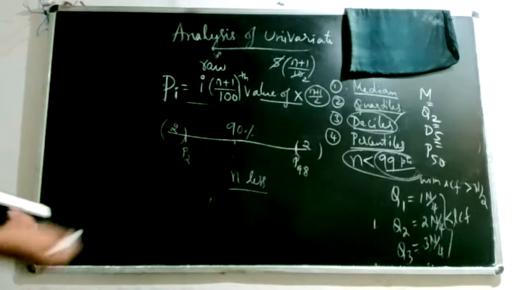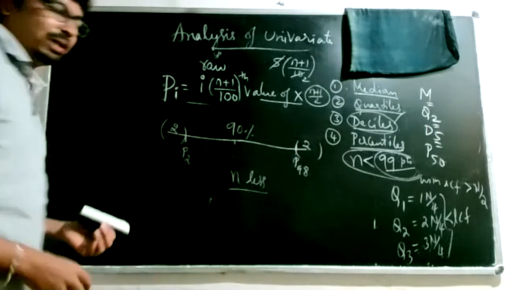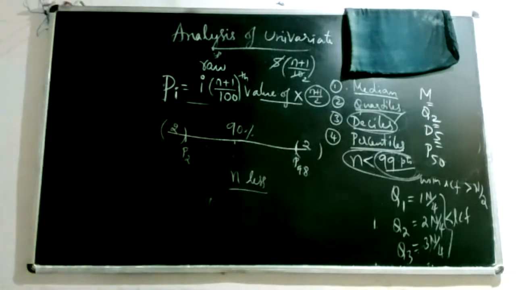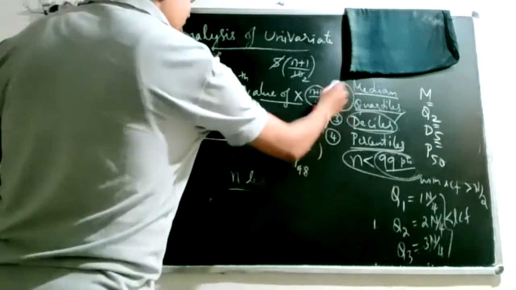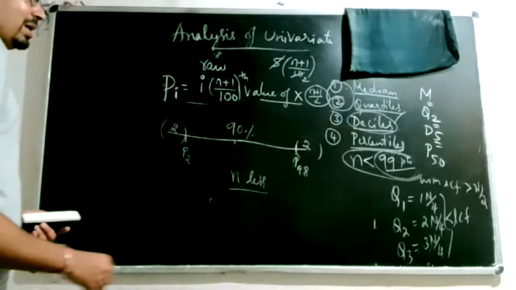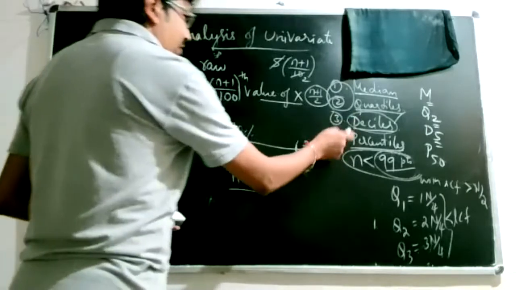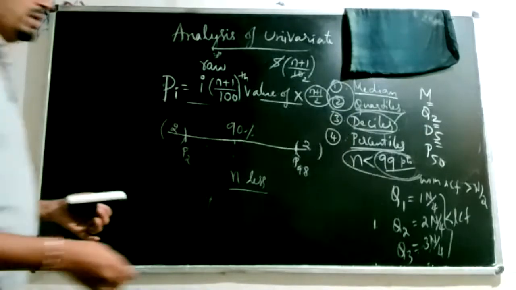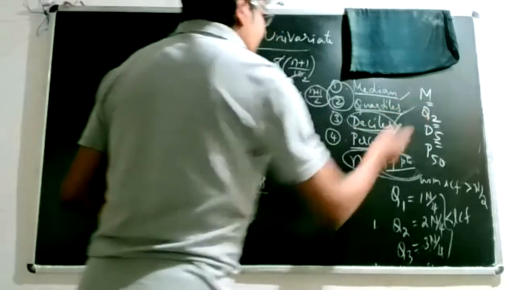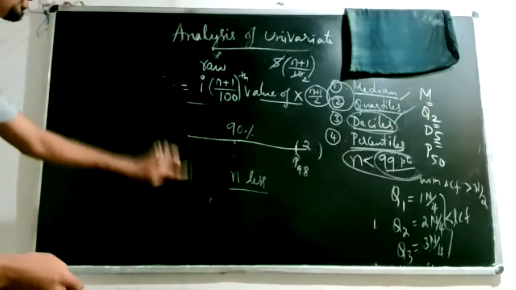Similarly, you can take decisions based on deciles and other quantile values. Of these, the most widely used are median and quartiles, and deciles and percentiles also have their own applications when it comes to measures like kurtosis, but we'll look into the applications of median as well as quartiles.